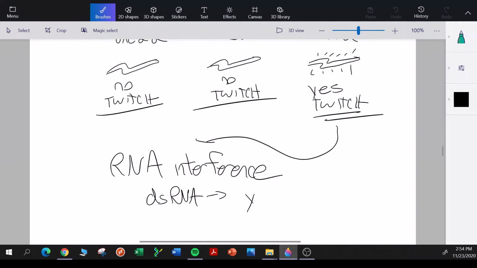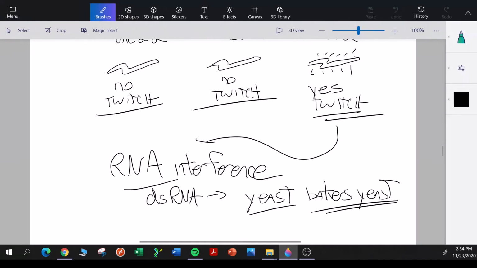One of the key eukaryotic organisms that does not have RNA interference is yeast. Well, at least the baker's yeast. The one that was the most commonly studied eukaryotic organism for figuring out how eukaryotic organisms work does not use RNA interference.